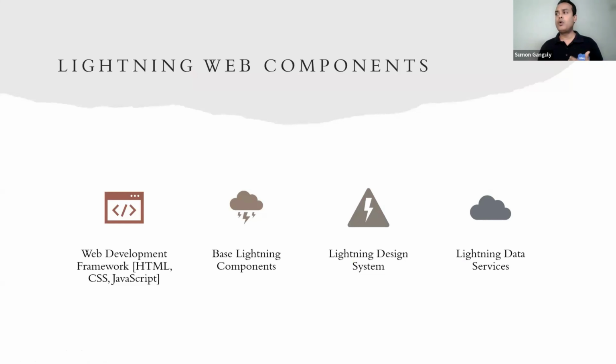You can apply colors, borders, and all these things using the design system. It has an entire framework designed for it, and it's a great help for the Salesforce developer.